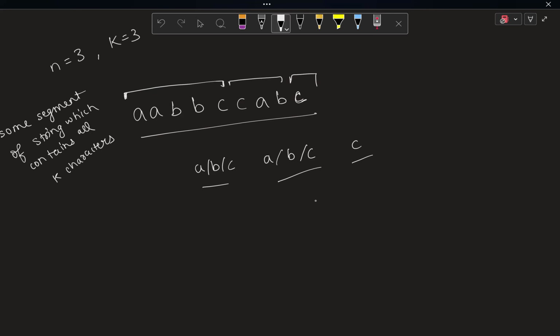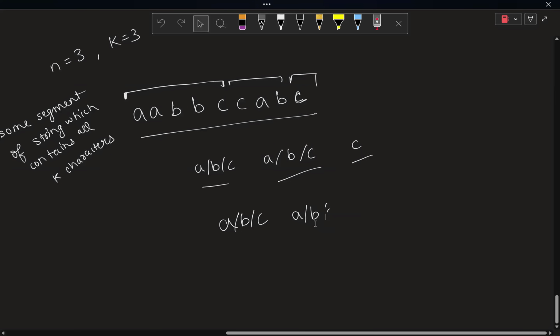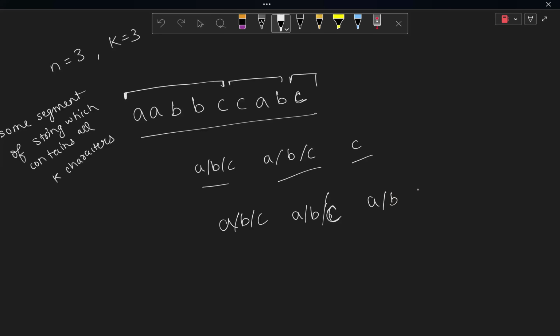But does this mean that all the strings where the first 2 characters can be anything, and the third character is either A or B, will not be possible? Does this hold? You can try to think about it, but you will see that it doesn't hold.